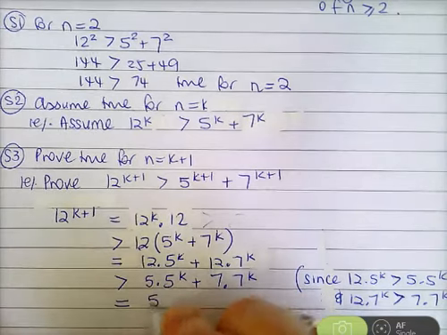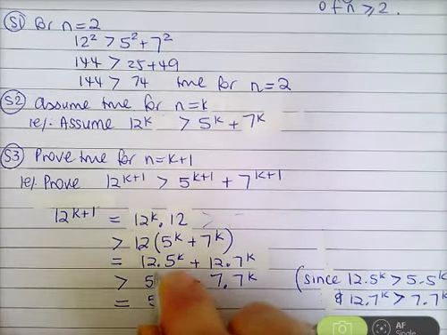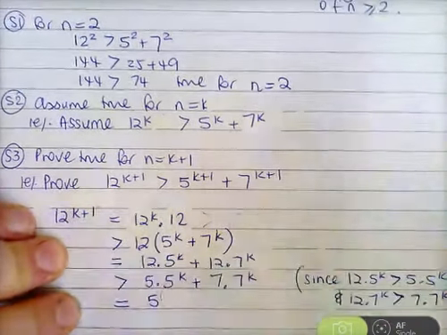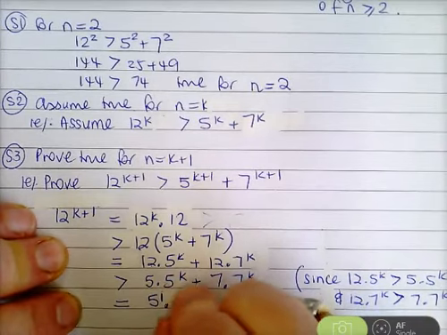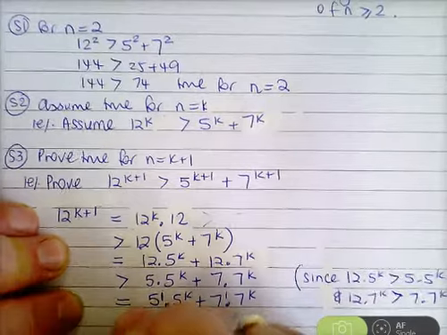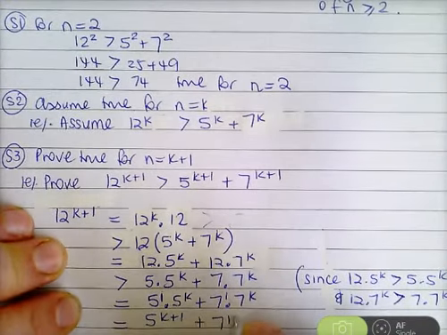Bases are the same. What does that equal, 5 times 5 to the k? 5 to the k plus 1, because that's 5 to the 1. So I'm actually going to write it, expand it so you can see. That's equal to 5 to the 1 times 5 to the k plus 7 to the 1 times 7 to the k, which equals 5 to the k plus 1 plus 7 to the k plus 1.